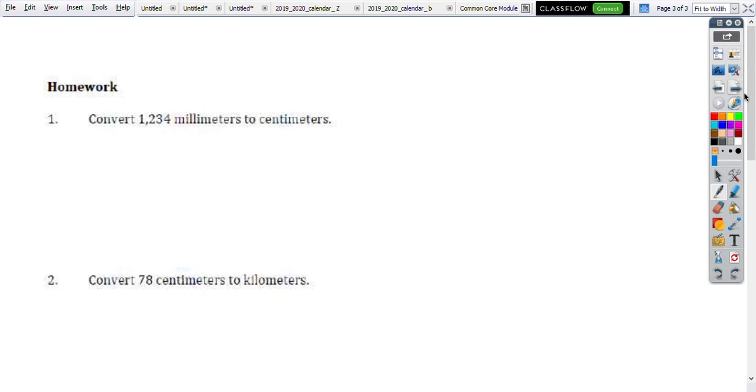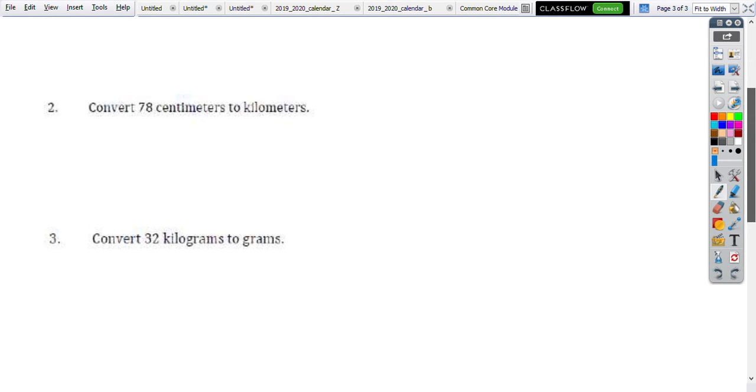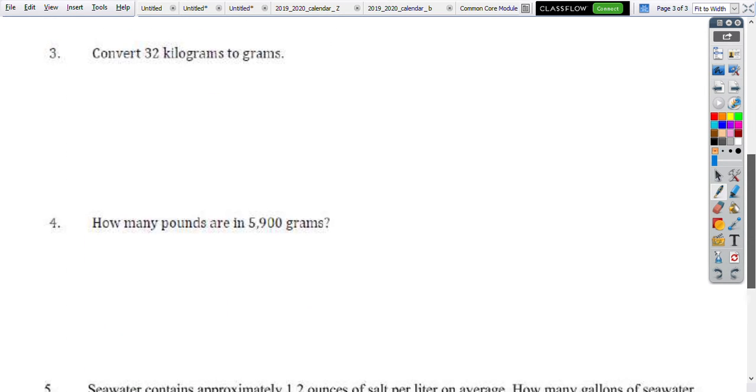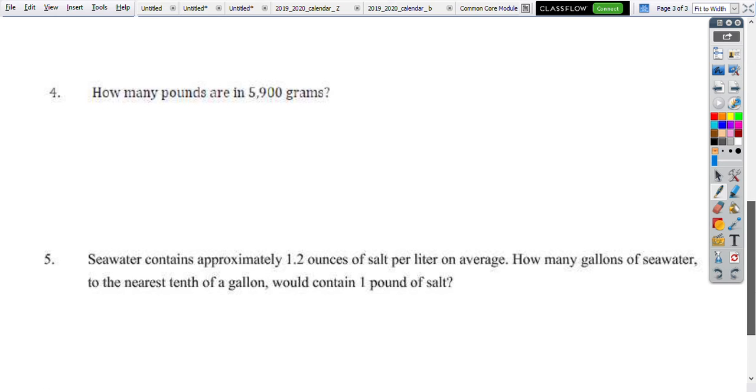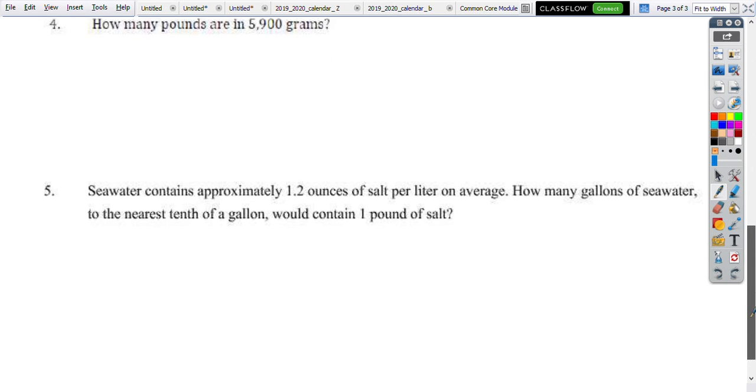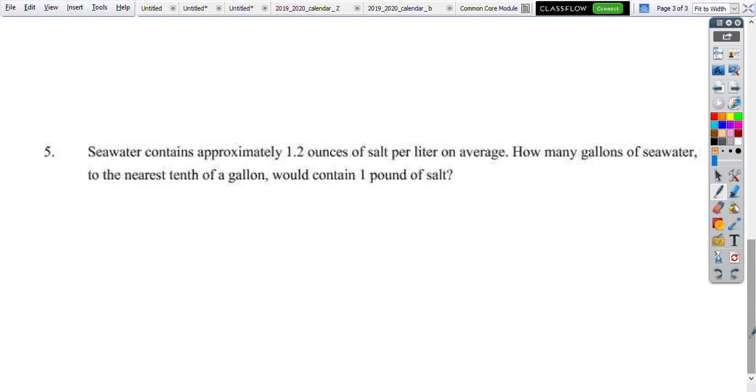Or you can look up the conversion factor from centimeters to kilometers, kilograms to grams, how many pounds are in grams, use the conversion on the front. And then I believe we just did this question. How many gallons of seawater would 1 pound of salt contain? So go through and do it again if you want. It's a little different, but it's almost the same thing. And then you're good to go.